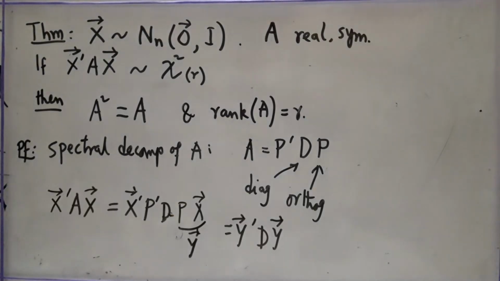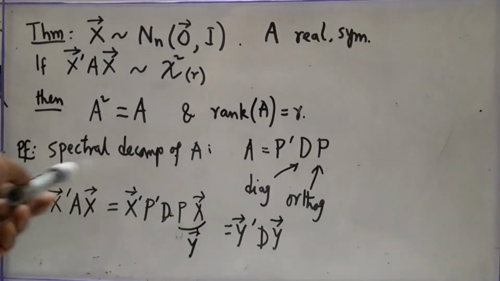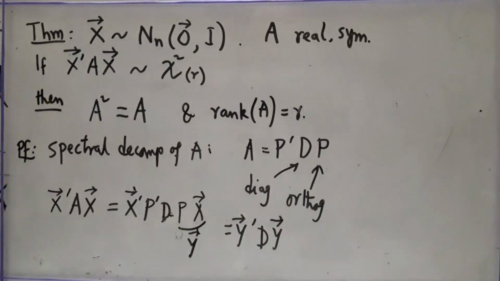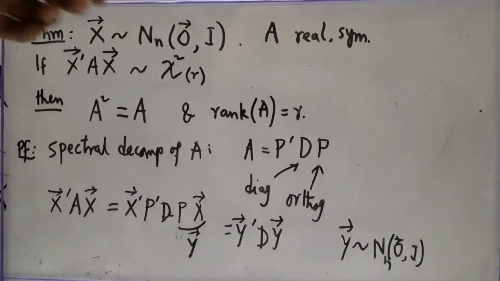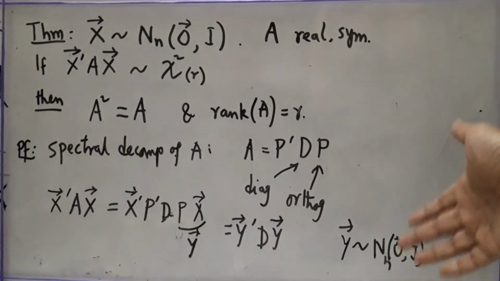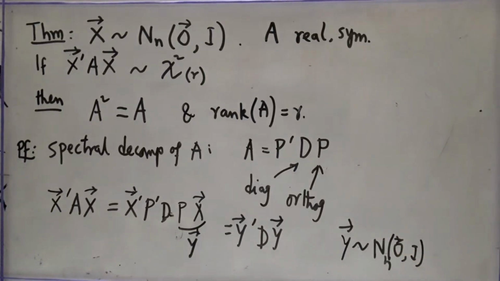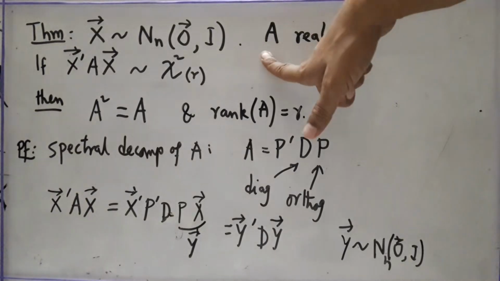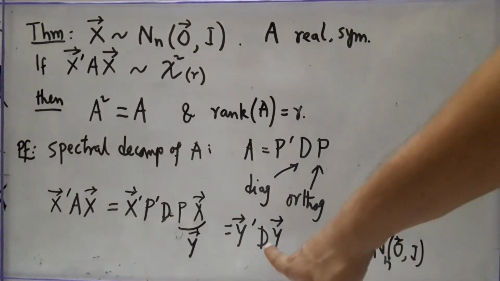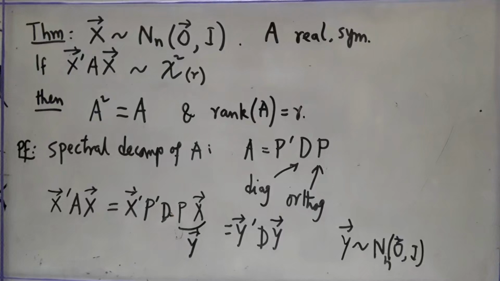So much as in the last proof, I can write my quadratic form as a quadratic form in Y, and we have already seen in the last proof that Y again has distribution same as that of X. So essentially this argument shows that I can assume that this matrix A is without loss of generality a diagonal matrix.